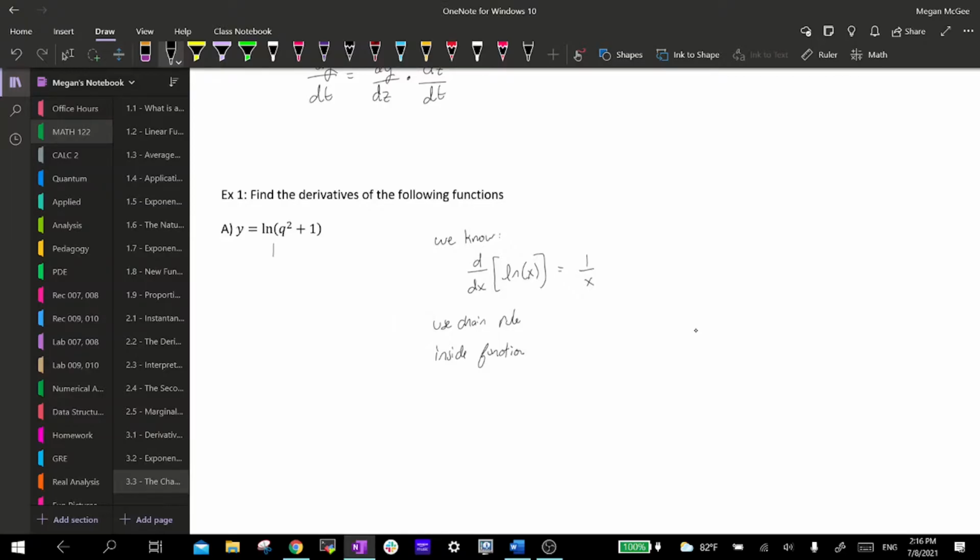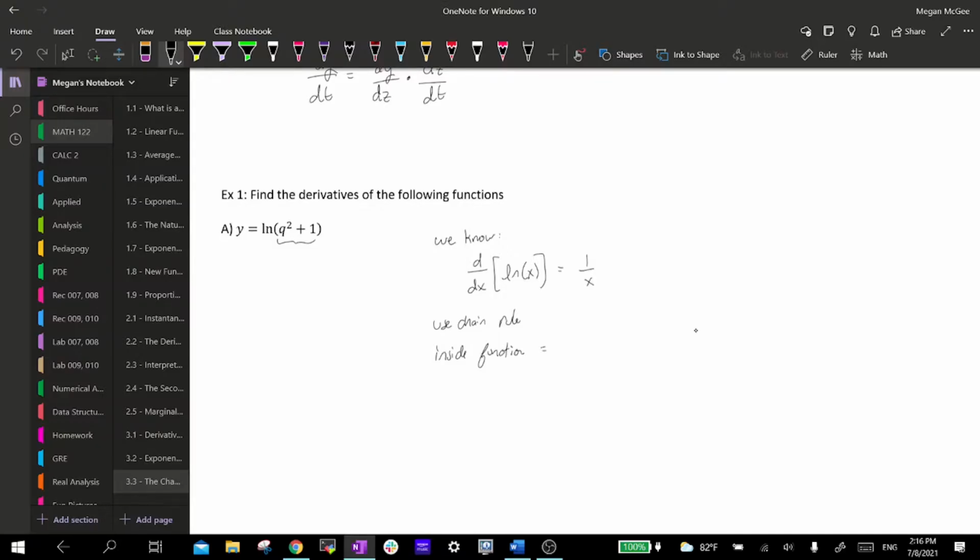So we have parentheses here, and to me it looks like q squared plus 1 is our inside function. And we have to take everything, okay? We can't just pick the q squared or the 1. We have to pick everything that's inside our other function, which is going to be our natural log, but I'm getting ahead of myself.